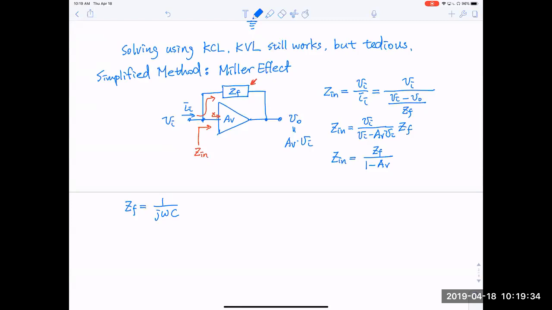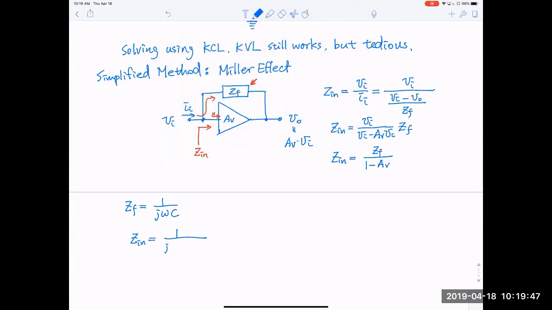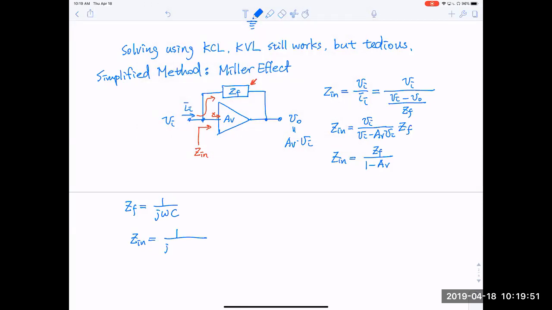And so Zin will be equal to 1 over j omega C times (1 minus AV).